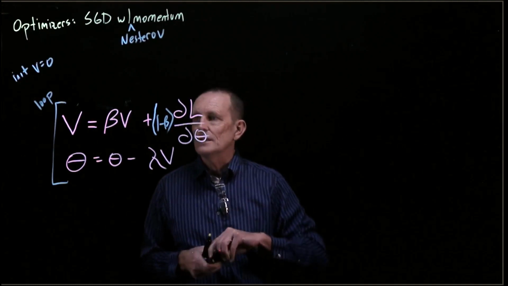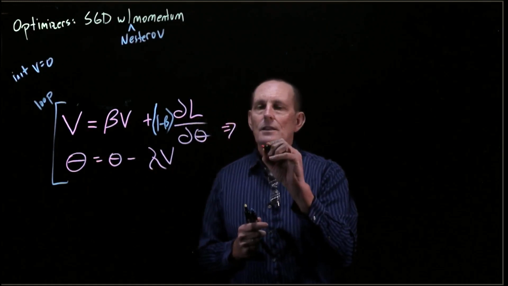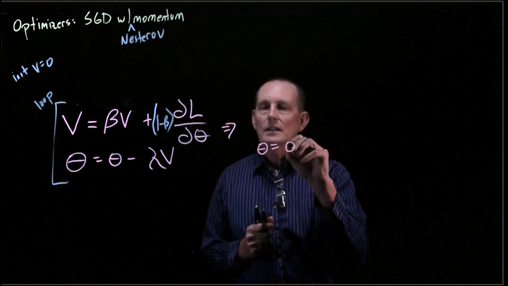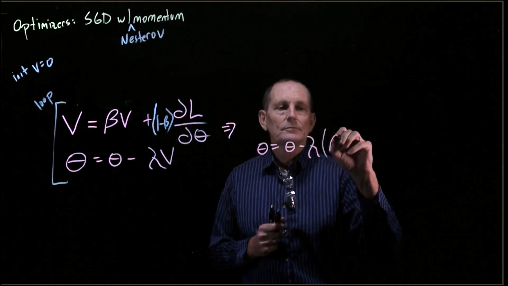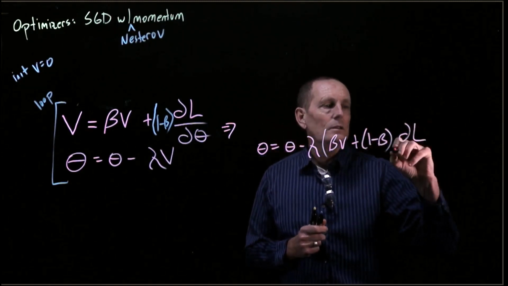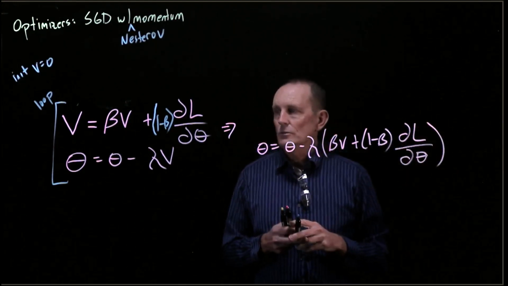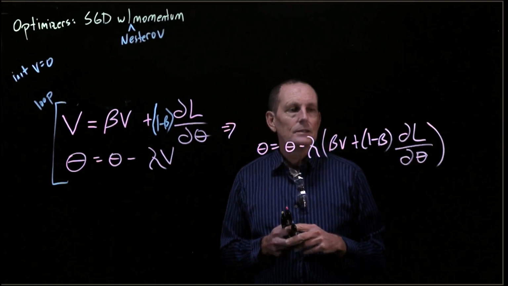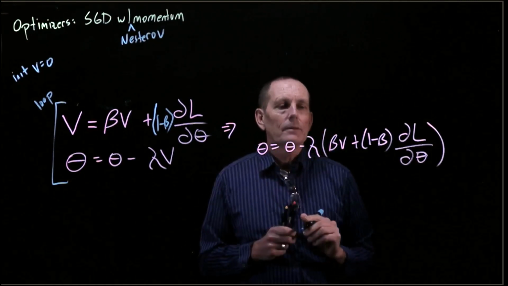So let's convert this. Expanding this, theta equals theta minus lambda times beta v plus 1 minus beta times the derivative. What I want you to note is there are two parts to this update to theta.